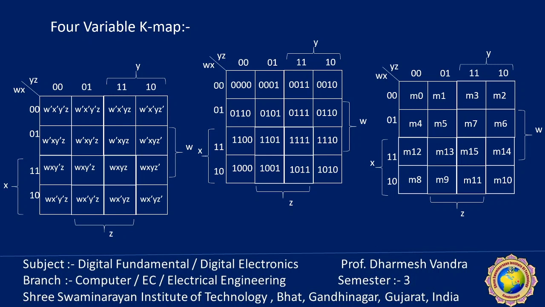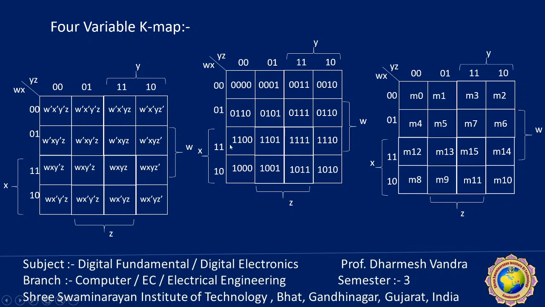The minterm corresponding to each square can be obtained from the concatenation of the row number with the column number. Suppose in this example, the third row is 1, 1 and the second column is 0, 1. So it will become 1, 1, 0, 1.